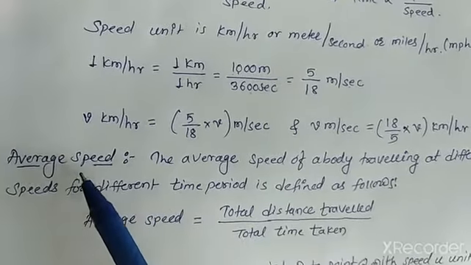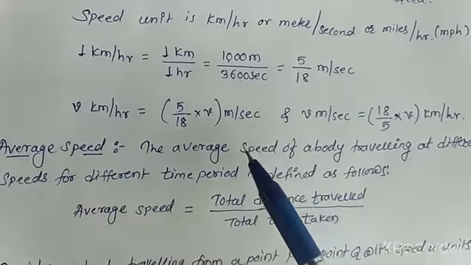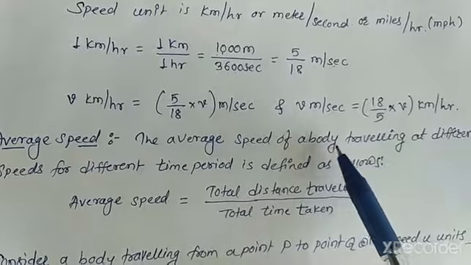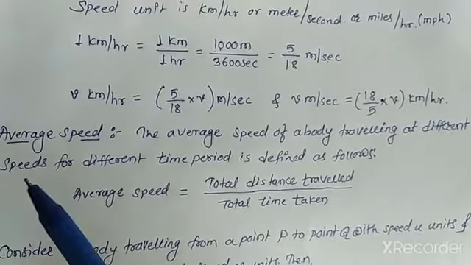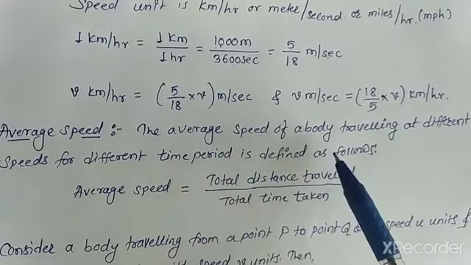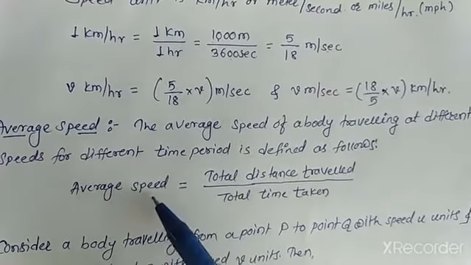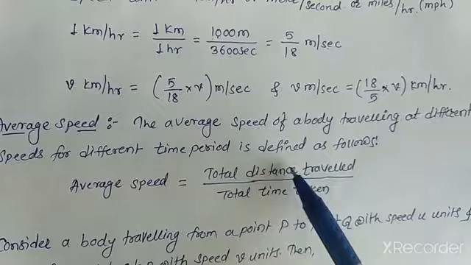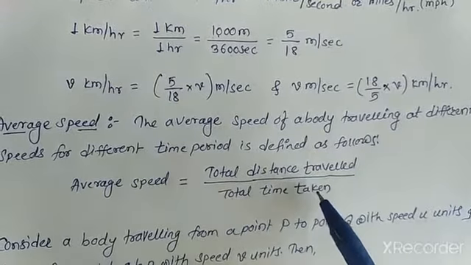Next definition is average speed. The average speed of a body traveling at different speeds for different time periods is defined as total distance traveled upon total time taken.